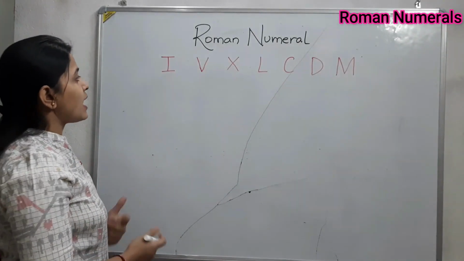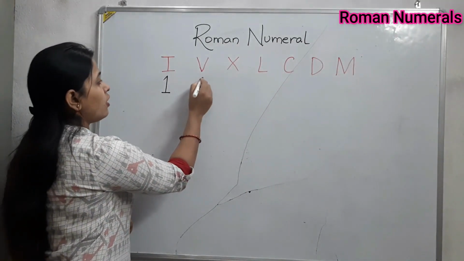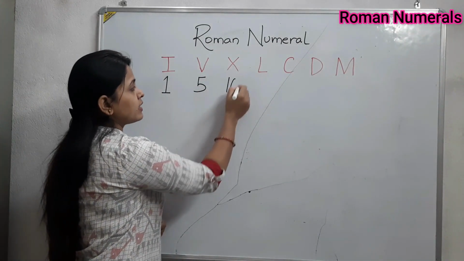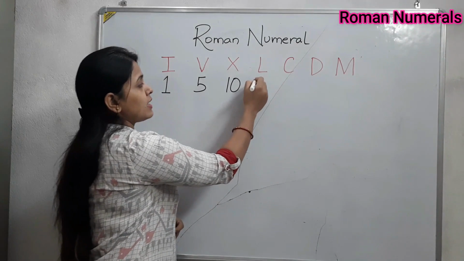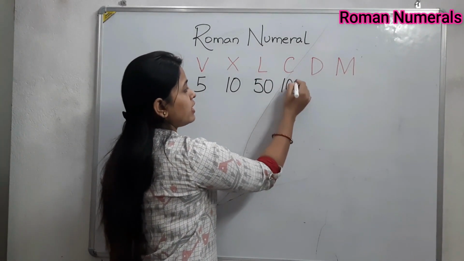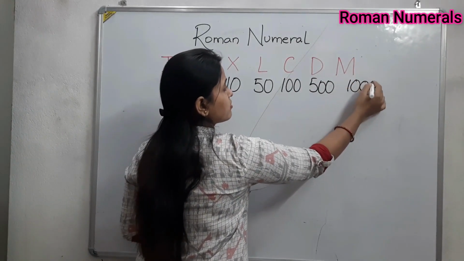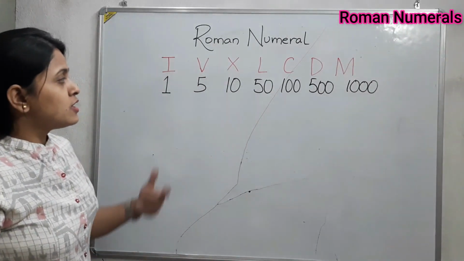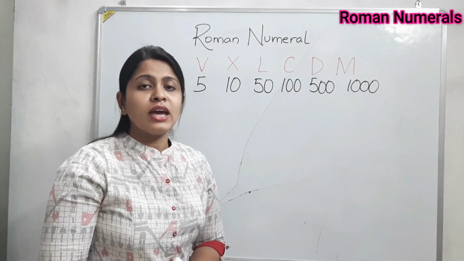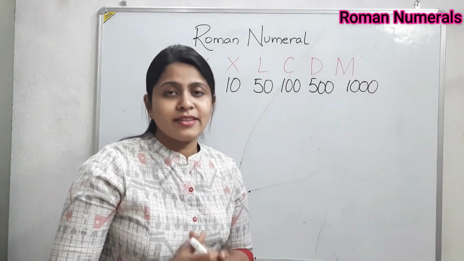I stands for 1, V for 5, X is for 10, likewise L is for 50, C is for 100, D is for 500 and M is for 1000. So these are the values of the given alphabets. You have to learn only the 7 alphabets and their values.